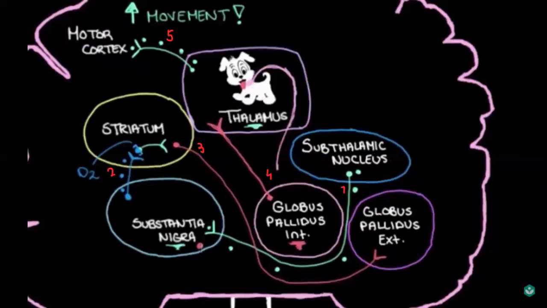Here, there is also another indirect pathway by which movements are increased. Here, what happens is, there is connection between the subthalamic nucleus and substantia nigra. There is an excitatory message which goes into the substantia nigra. This substantia nigra sends dopamine to the D2 receptors in striatum.